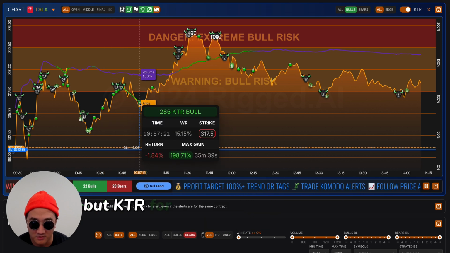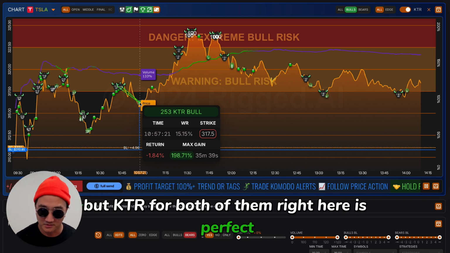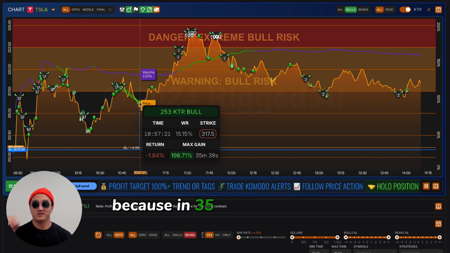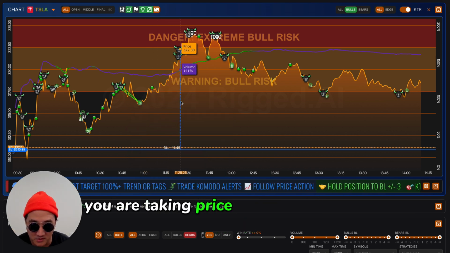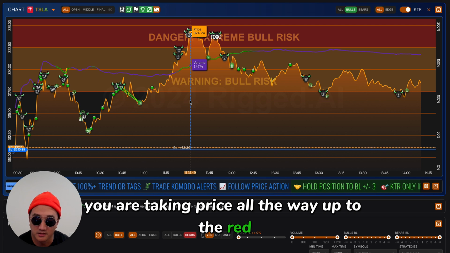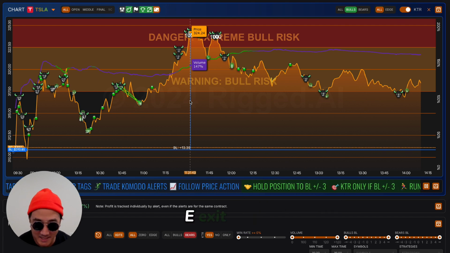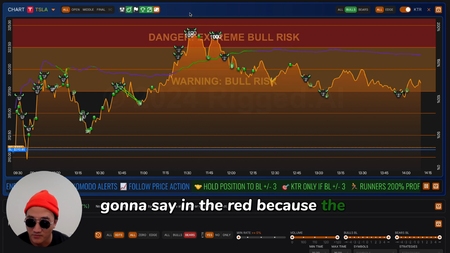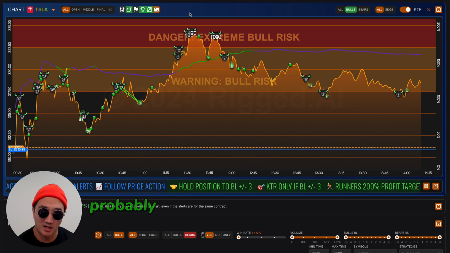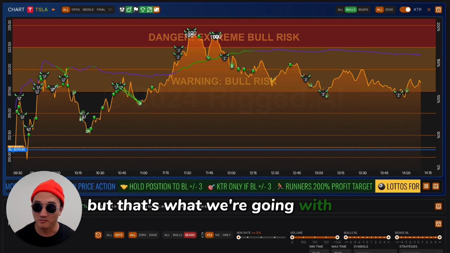But KTR for both of them right here is perfect because in 35 minutes and 39 seconds, you are taking price all the way up to the red. And the CTE exit is going to say in the red because the background is blue. Probably could make that a little bit easier, but that's what we're going with for now.